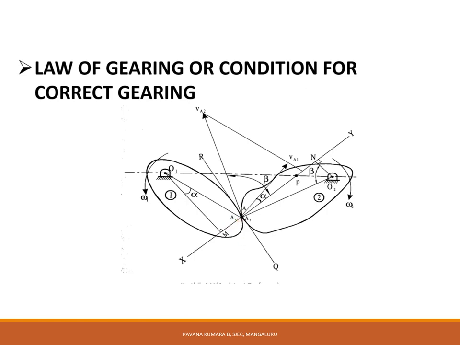So next we'll see. From this, if two bodies are to remain in contact at one point, that point A, then the components of the linear velocities VA1 and VA2, the linear velocity of body 1 and of body 2, along the common normal line must be equal.